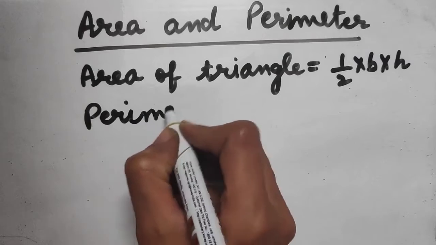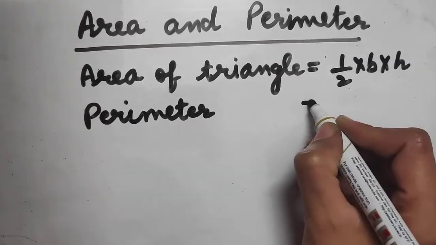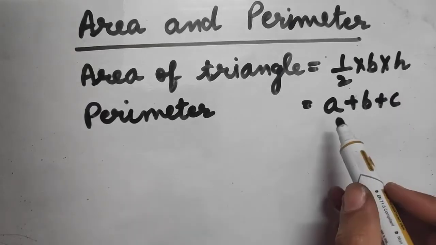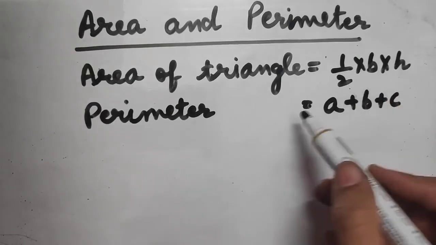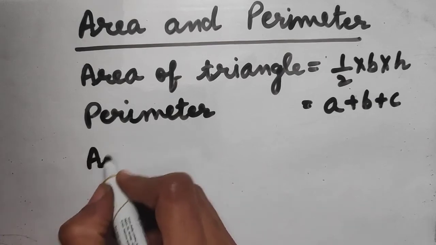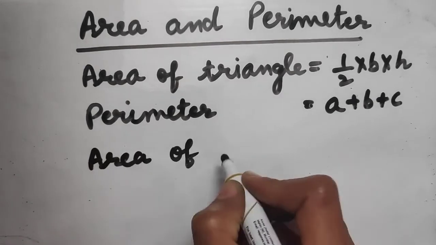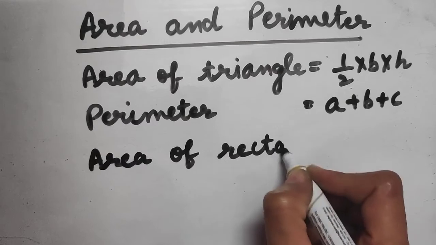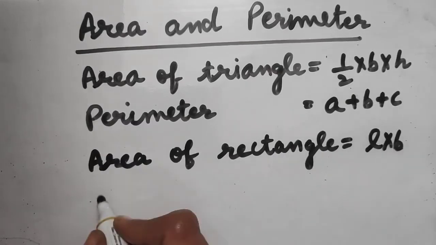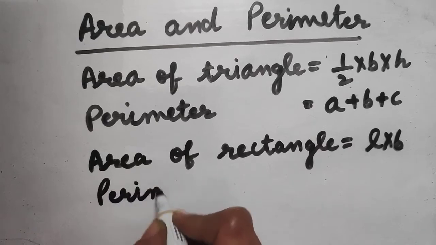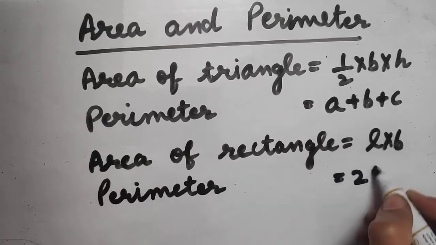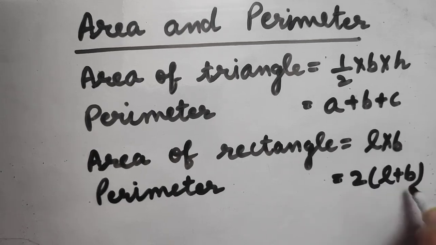Perimeter of triangle is equal to A plus B plus C, where A, B and C are the lengths of the sides of the triangle. Then area of rectangle is equal to length into breadth. Perimeter of rectangle is equal to 2 bracket L plus B.